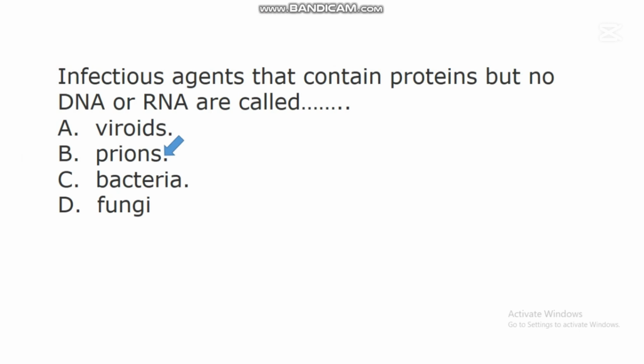Prions are those infectious agents that contain proteins but no DNA or RNA. Research has shown that these prions are also acellular entities, but they contain proteins, but they don't have any DNA or RNA in them. So their presence can be felt in some diseases in organisms.